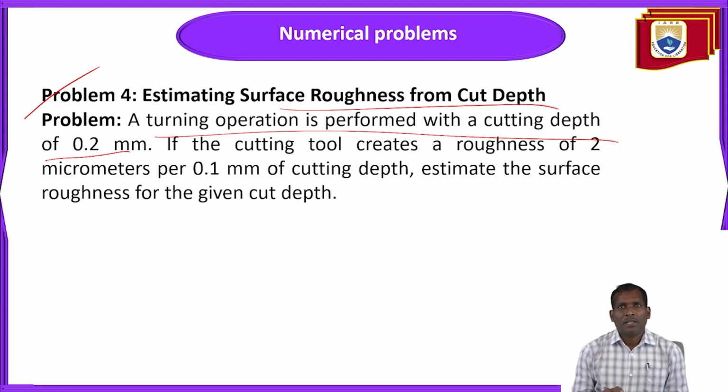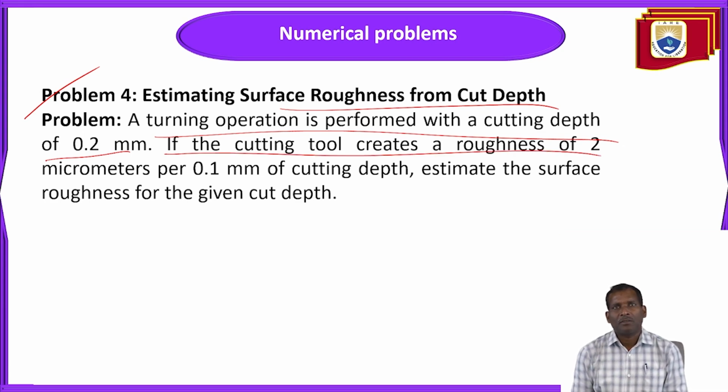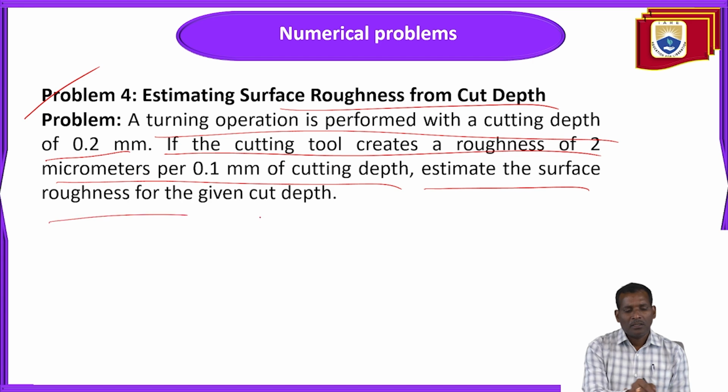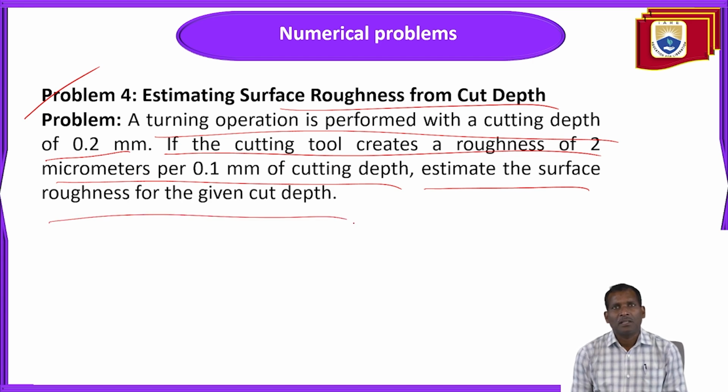If the cutting tool creates a roughness of 2 micrometers for 0.1 mm of cutting depth, estimate the surface roughness for the given cut depth. How do you calculate this?